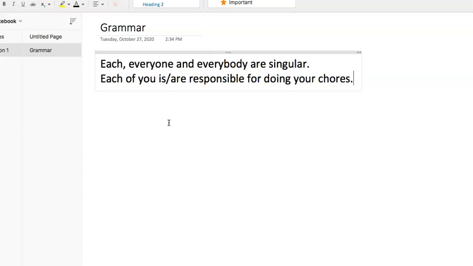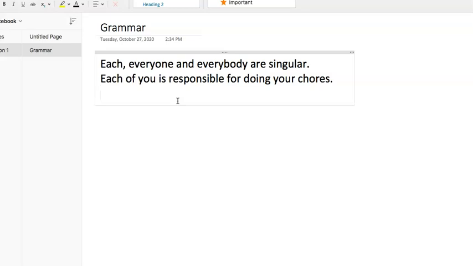Okay, and so then we have the is or the are, right? And so it started off with that word each, and remembering that since each is singular, that means the verb has to be singular. So what that means is are is incorrect, is is correct, right? And so is is singular, are is plural. So that's how you would do that one.